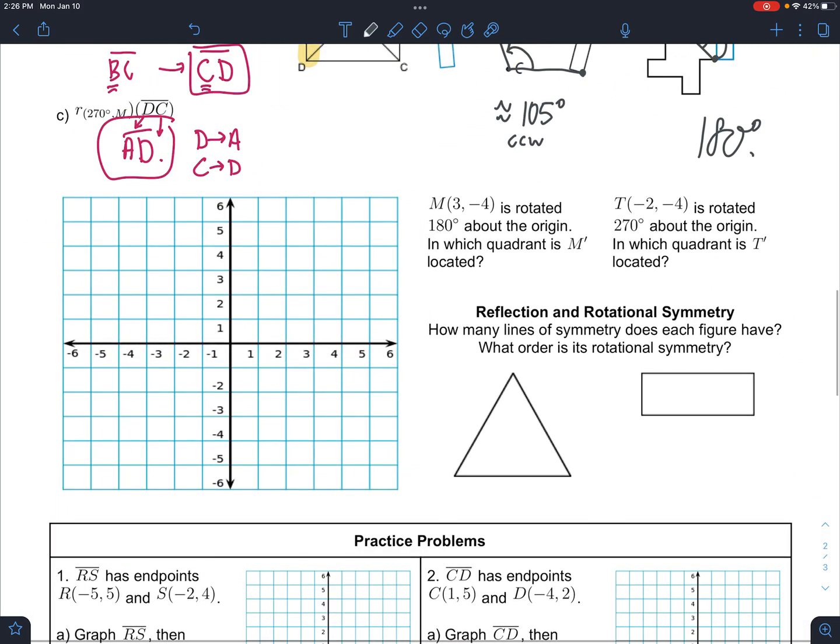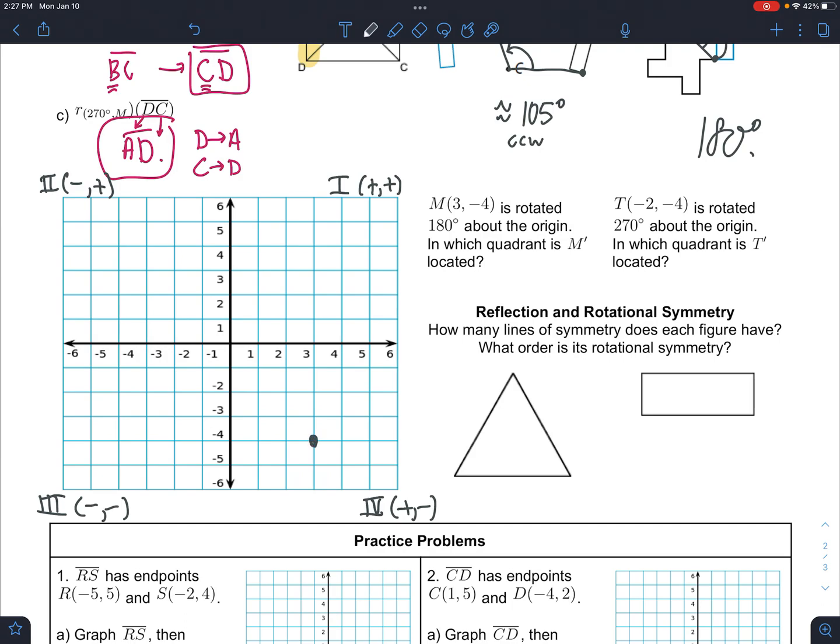I wanted to talk also about quadrants. So we've been doing this L-shaped thing, but there are other ways to do rotations mentally. But it starts with knowing the quadrants. So quadrant 1 is plus plus. Quadrant 2 is minus plus. Quadrant 3 is minus minus. And quadrant 4 is plus minus.